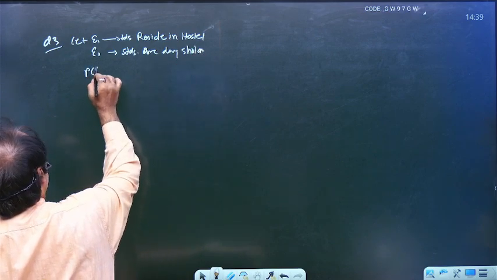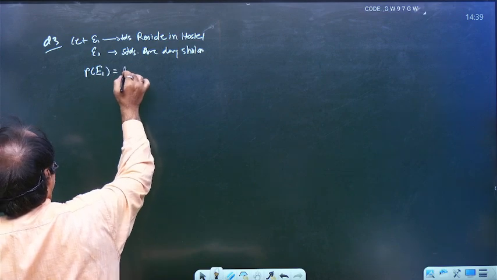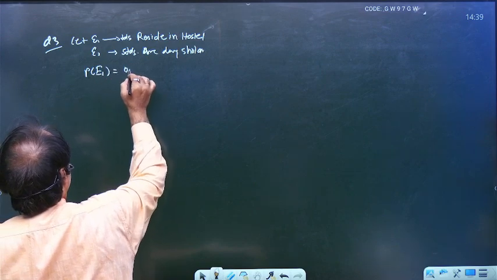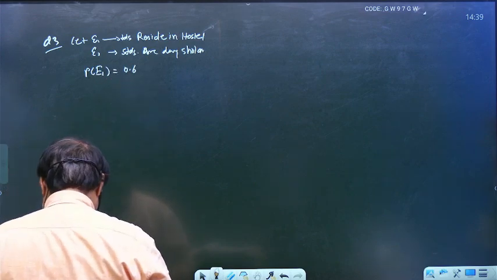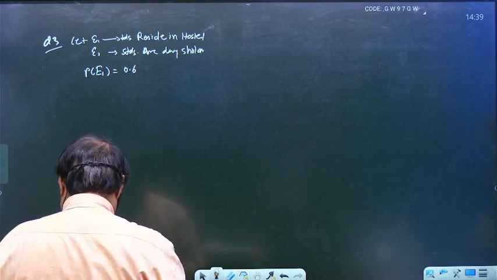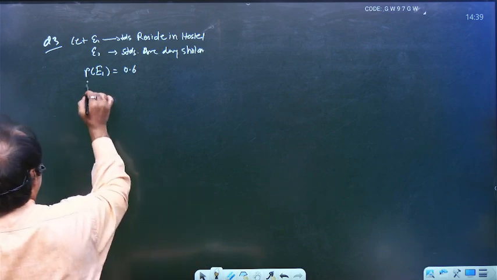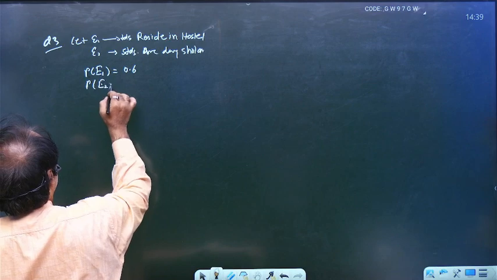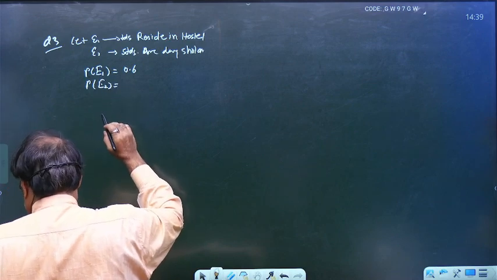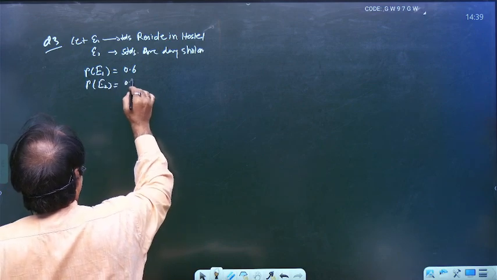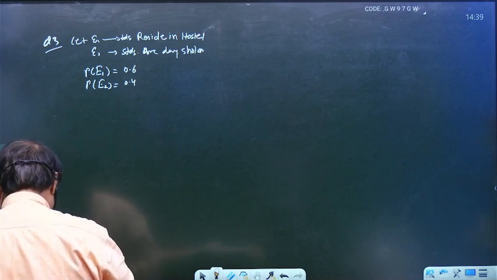So probability of E1 is given as 60%, which is 0.6, right? And probability of E2, how much is it given? 40%, which means 0.4.